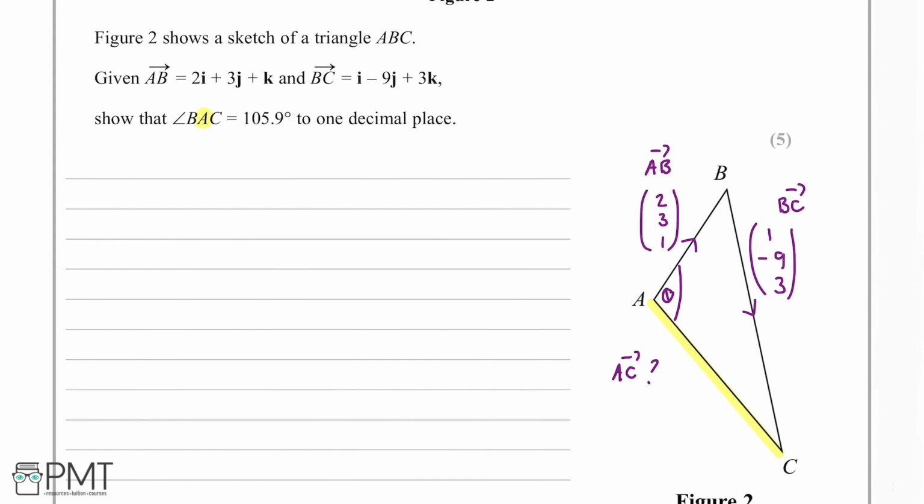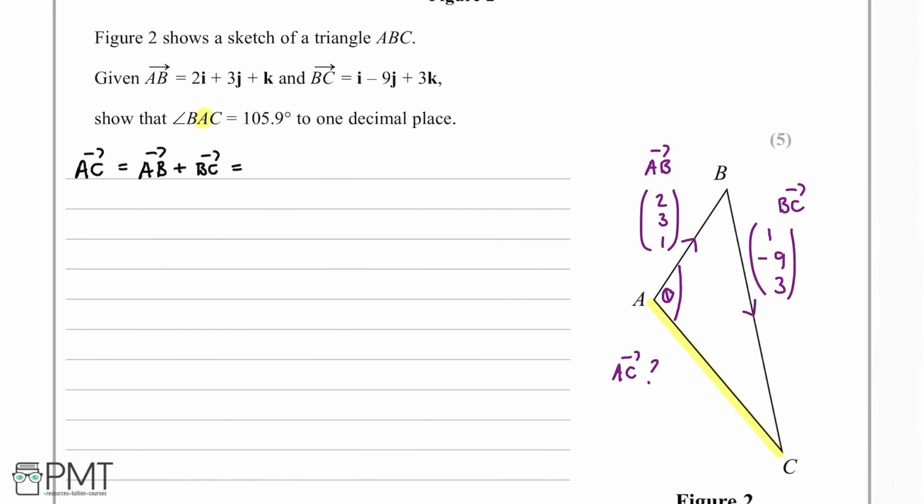So we need to find what A to C is. If we go from A to B, and then go from B to C, this is the same as doing A to C. So we can work out AC as follows. A to C is equal to AB plus BC.